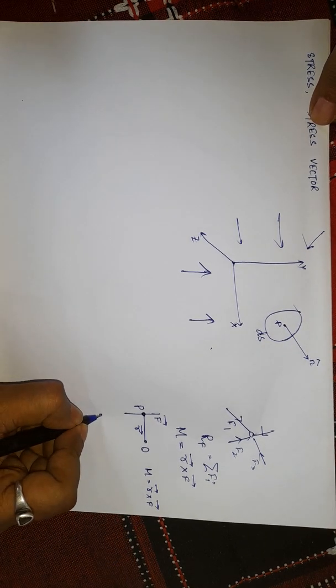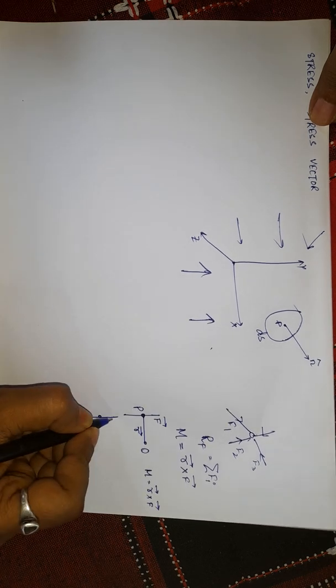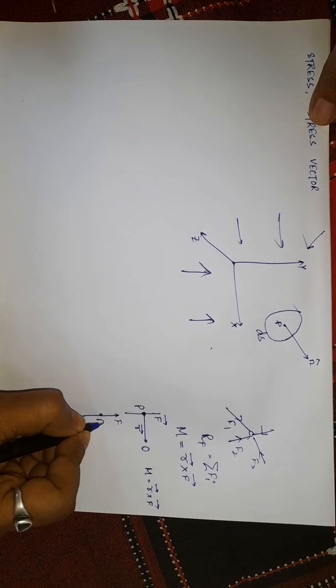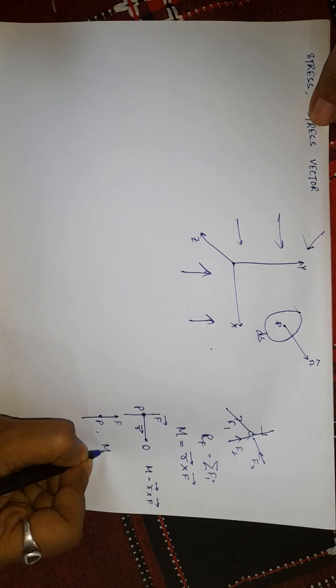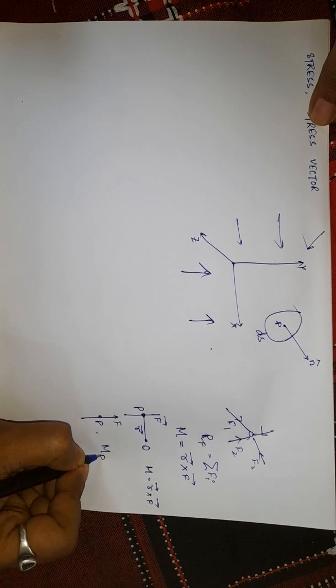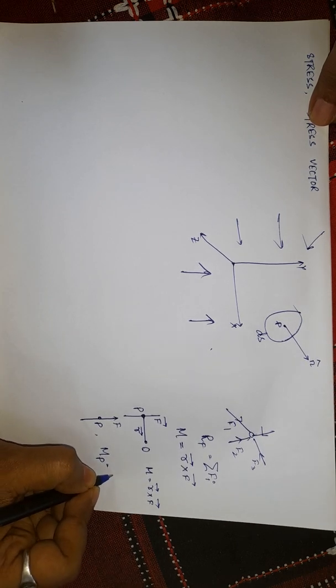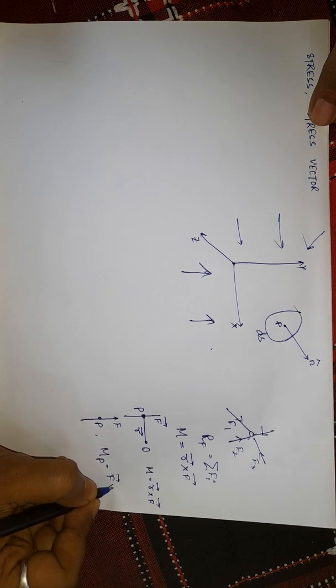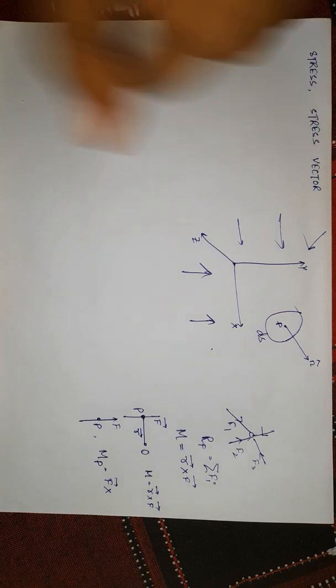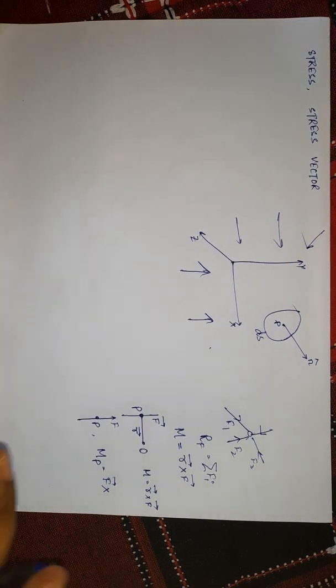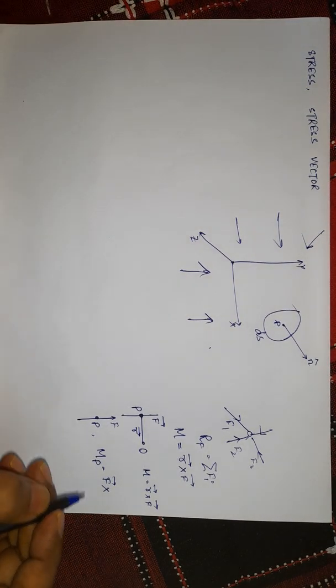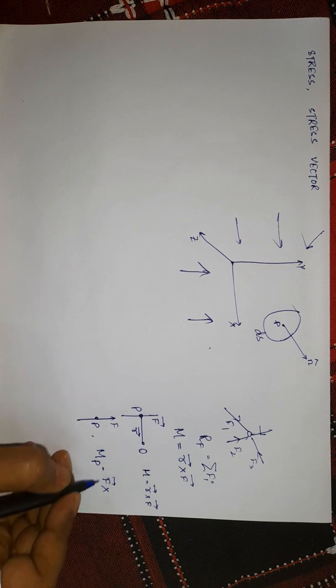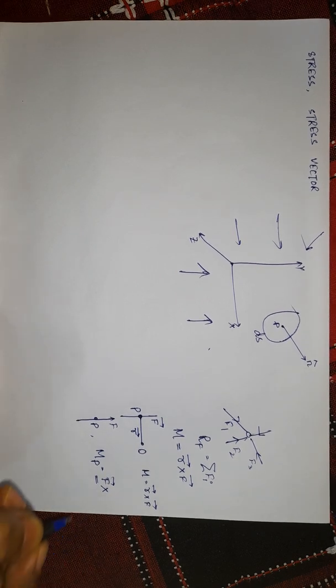Now secondly, if the force is applied at the point P and we need the moment of the force at the point P, then what will be the outcome? This is the cross product between the force vector and the distance.